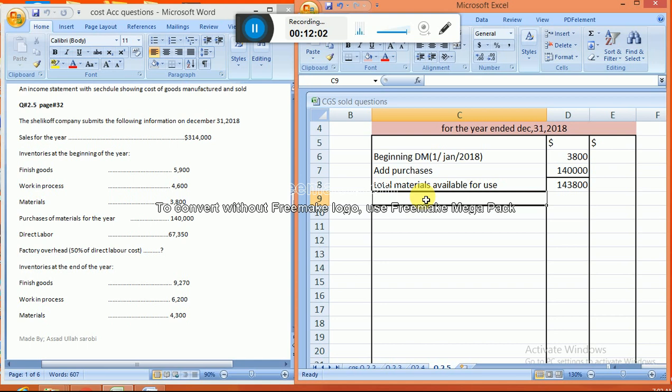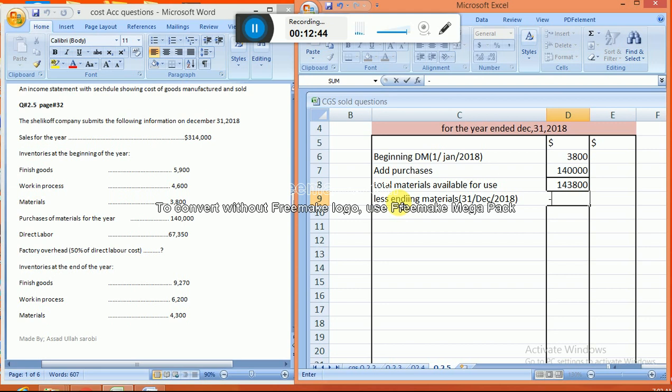So according to the matching principle, what we will do, we will subtract the cost of those materials which were left, which are not used in 2018, and that is called ending materials. So less ending material, on 31st December 2018.